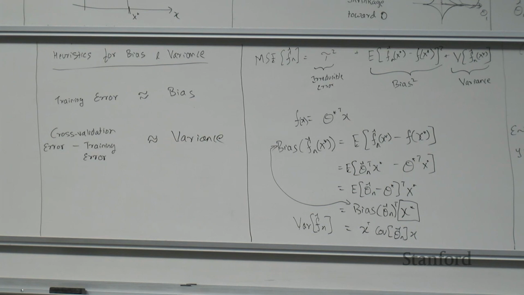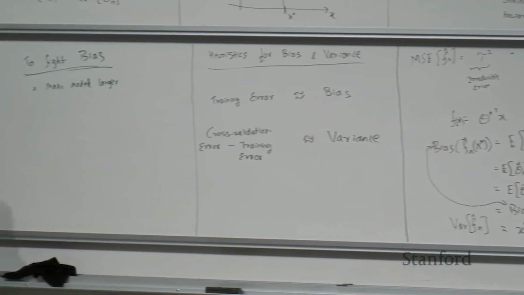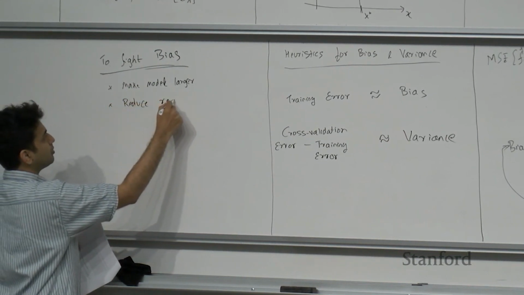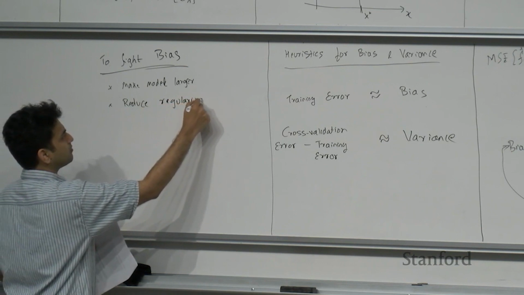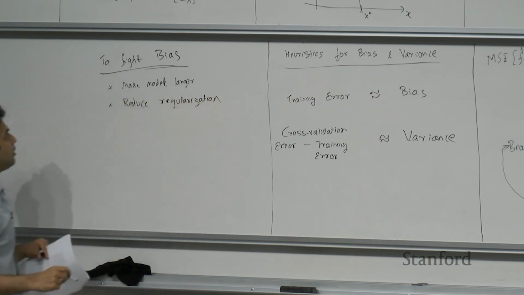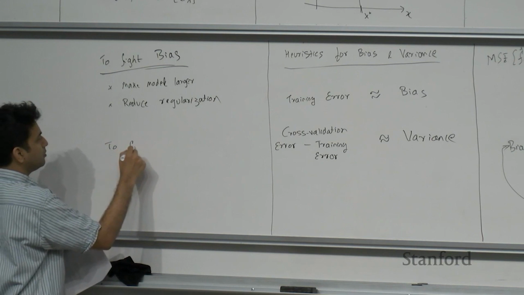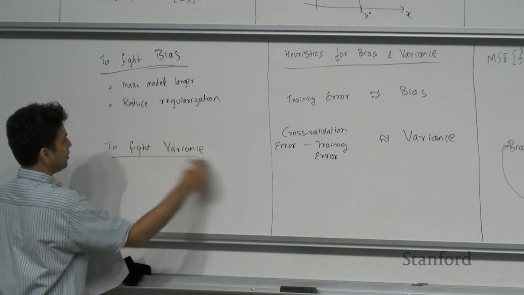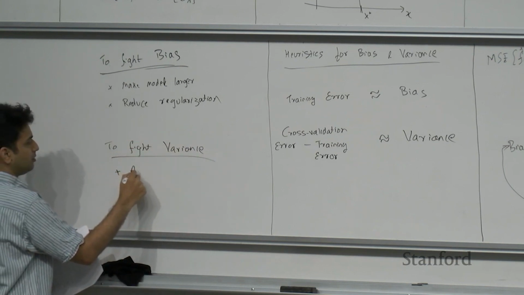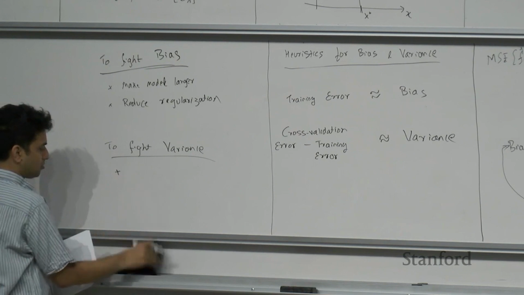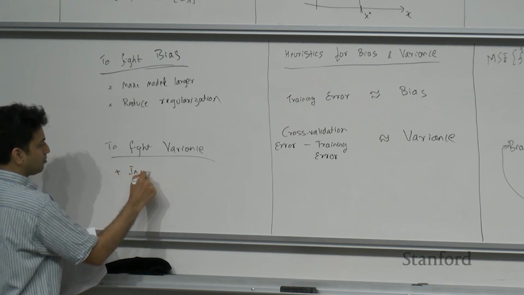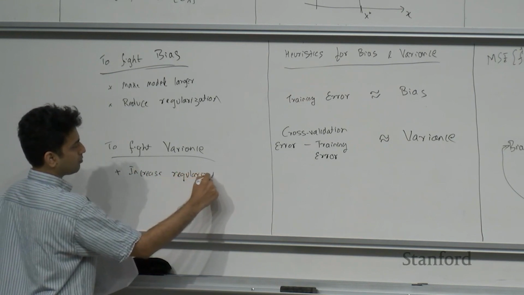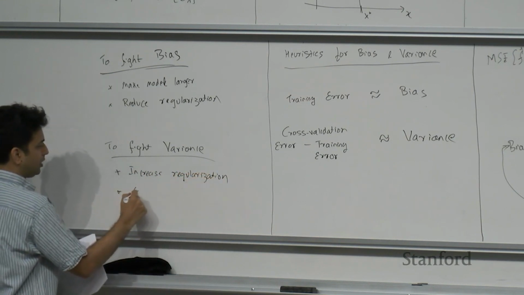So if it's a neural network, then add more layers or add more neurons in each layer, reduce regularization, etc. And to fight variance, right, we do things like increase regularization, collect more data.